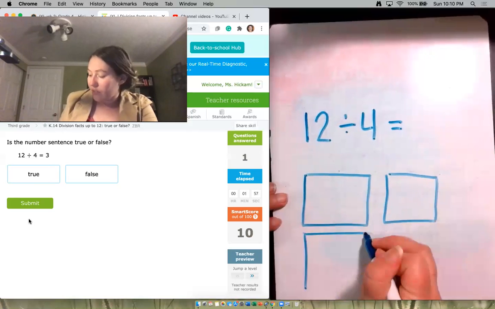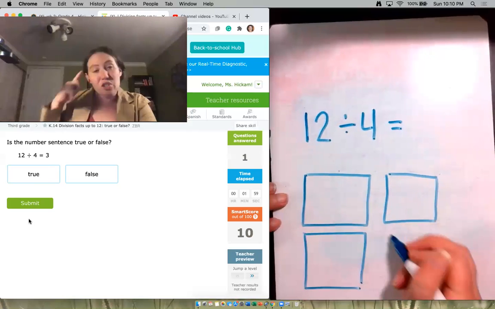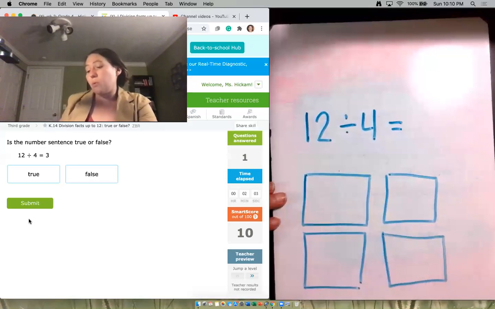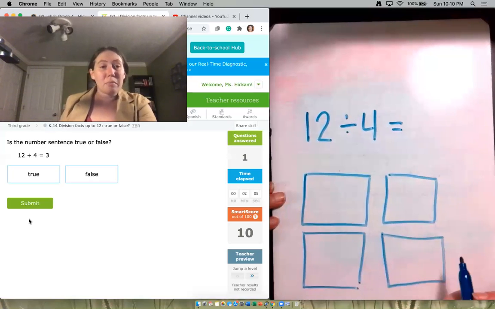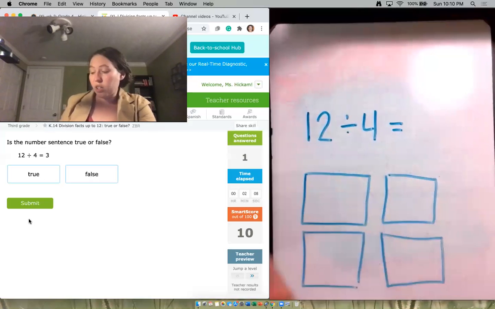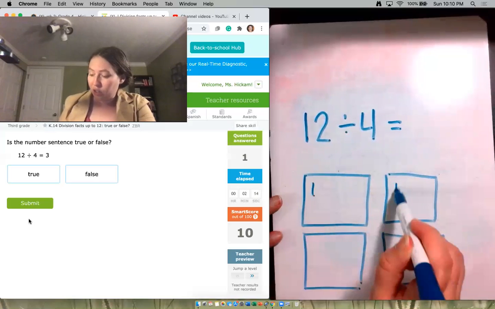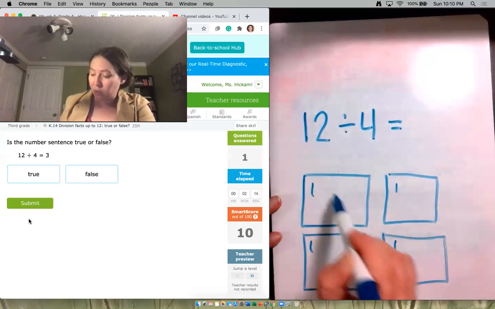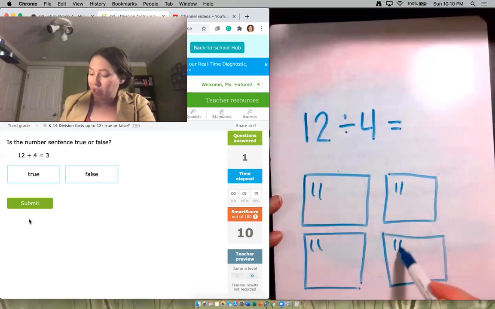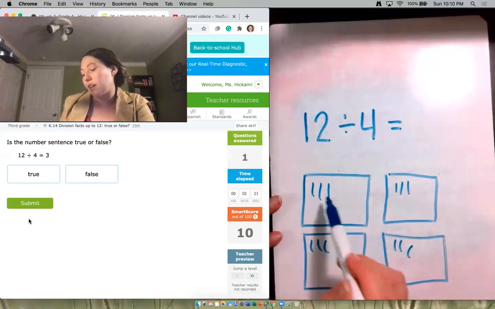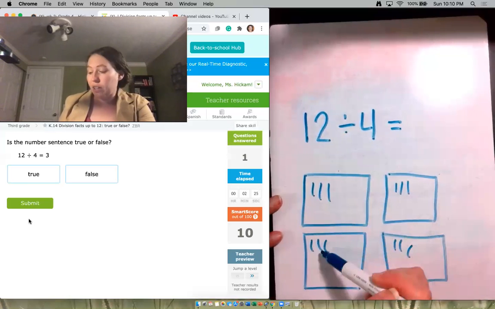I would not do this for every problem, but this is just showing that I know how to use different skills. So I have 12 as my whole number. I have 4 different groups. If I put 1 in each group until I get to 12, how many am I going to have? So I have 1, 2, 3, 4, 5, 6, 7, 8, 9, 10, 11, 12. I have 3 in each group.